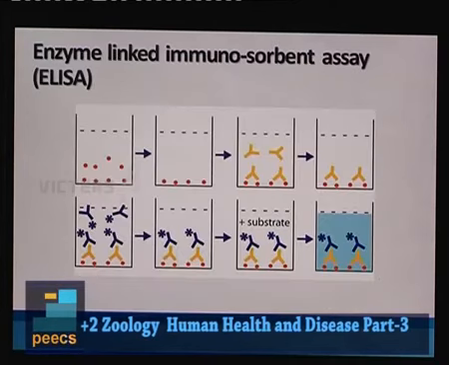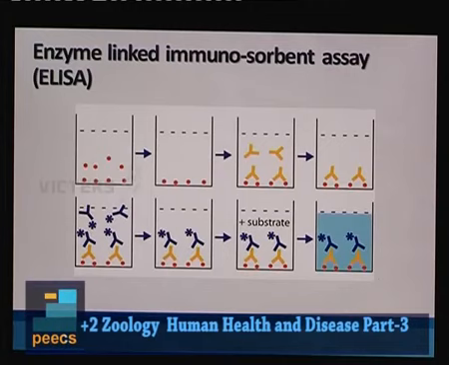HIV can be diagnosed by a test called ELISA. ELISA is a preliminary test for detecting HIV antigen. ELISA depends on the principle of antigen-antibody interaction. There are two types of ELISA: DAC ELISA and DAS ELISA.